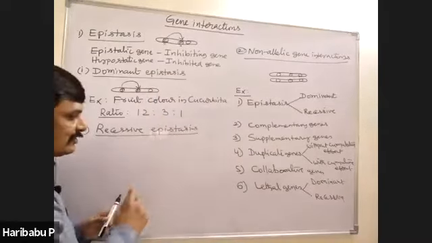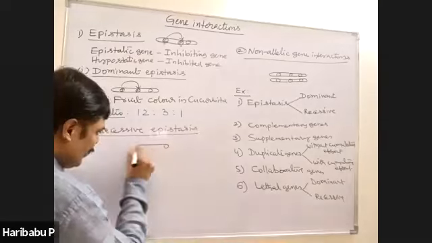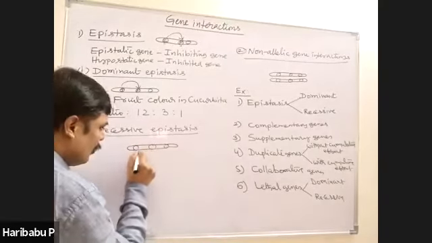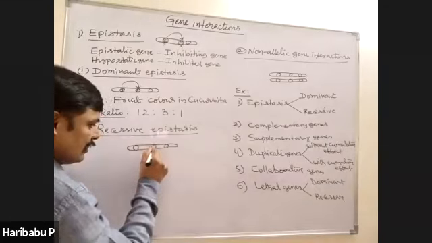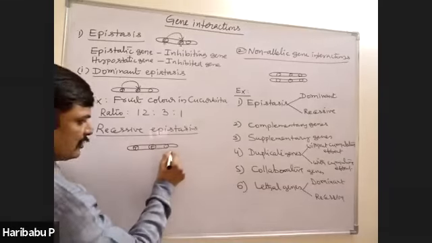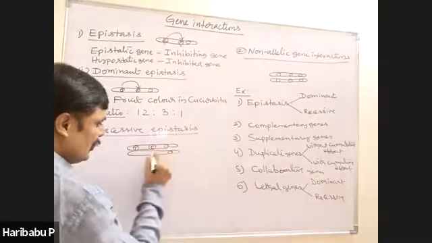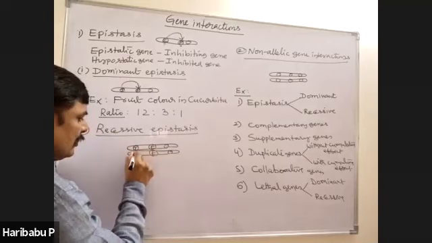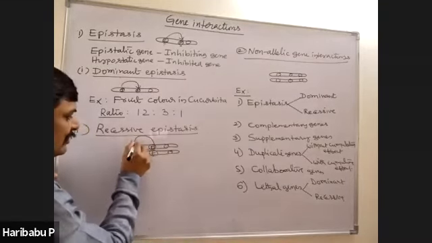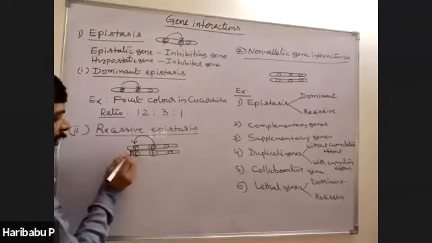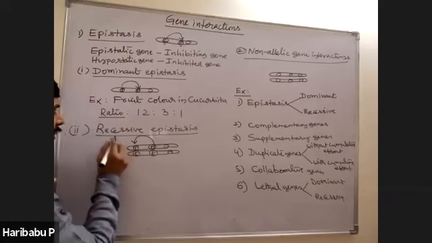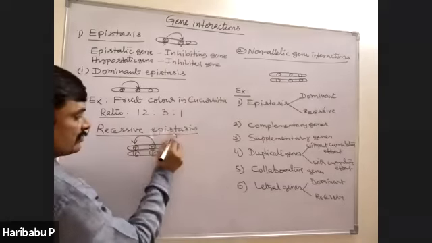Here it is reverse. See, this is a chromosome. Here recessive alleles are there. Here a dominant allele or recessive allele is there. For example, see here, recessive allele, here dominant or recessive allele. These recessive alleles inhibit the other, whether it is dominant or recessive alleles, then it is called recessive epistasis.